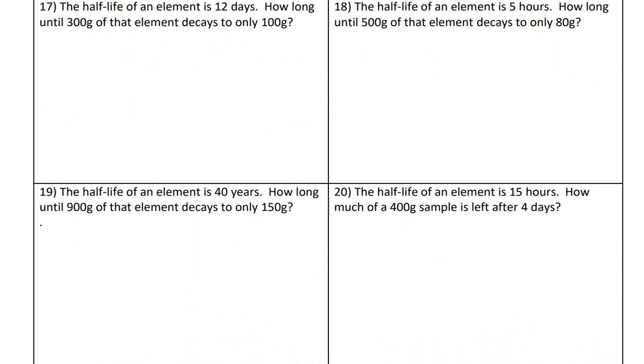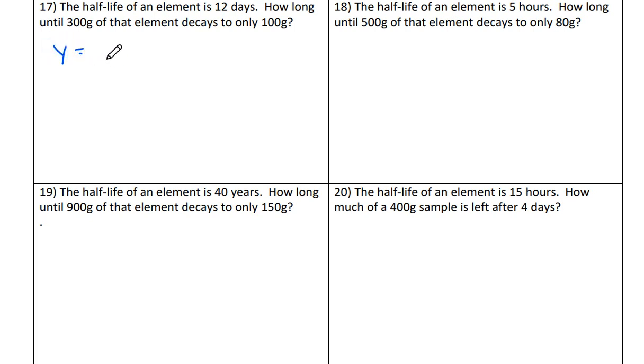All right, half-life problems. Half-life, the only difference is that there's two differences. First of all, our time is measured in number of half-lives, and our rate is always 0.5, or half. I'll do number 17. The half-life of an element is 12 days. How long until 300 grams of that element turns to only 100 grams?